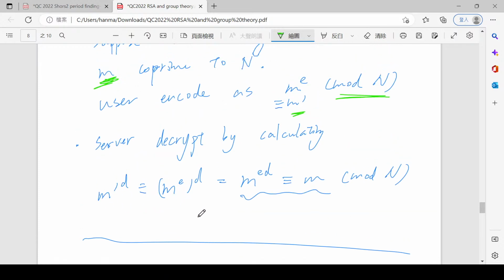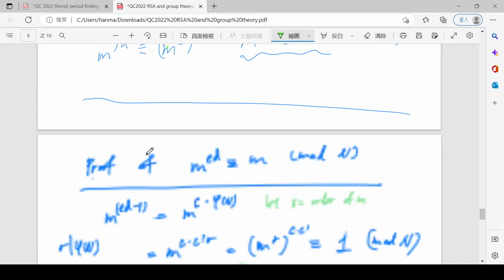So M prime to the D is equal to M to the E to the D, equal to M to the ED, and that actually equals M mod n. We'll have the proof here.